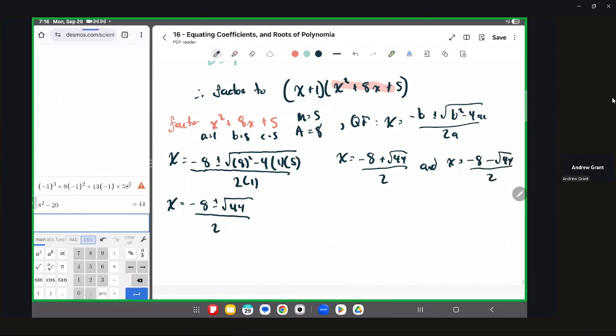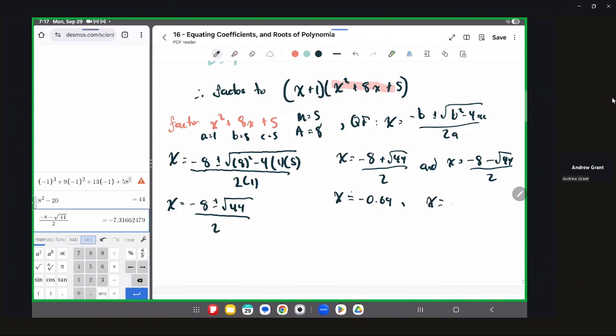And so on our calculator, if we were to type in negative 8 plus the square root of 44 over 2, we get x is equal to about negative 0.69, and x is equal to negative 7.32.